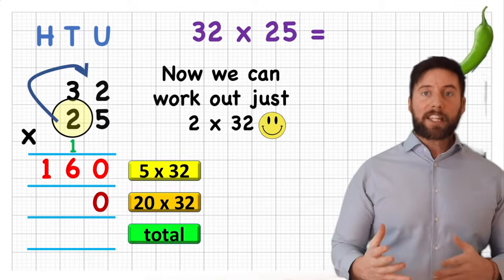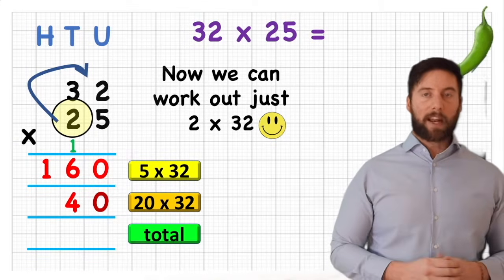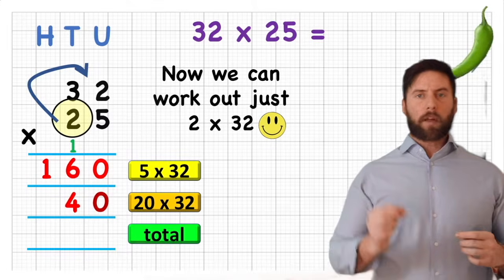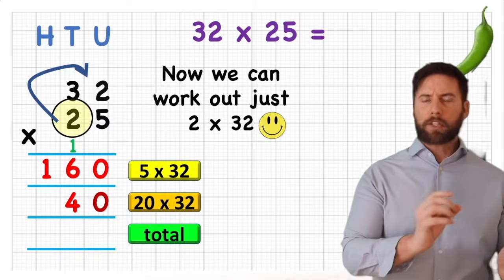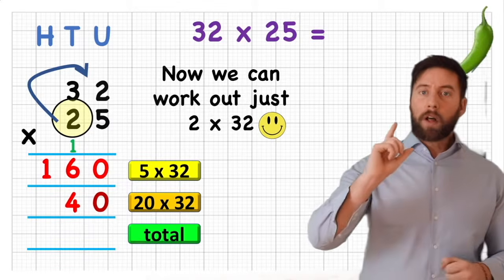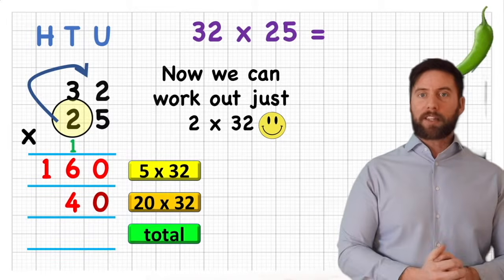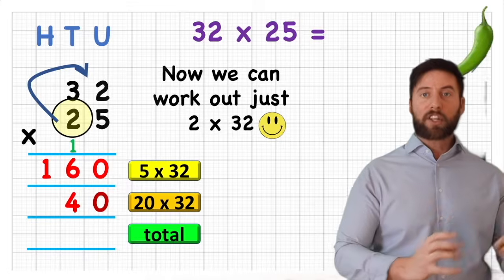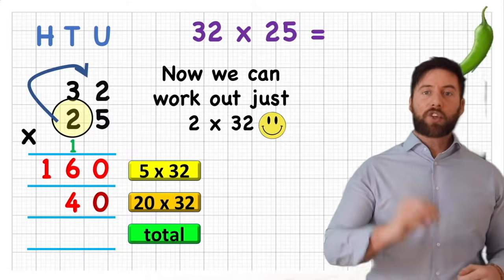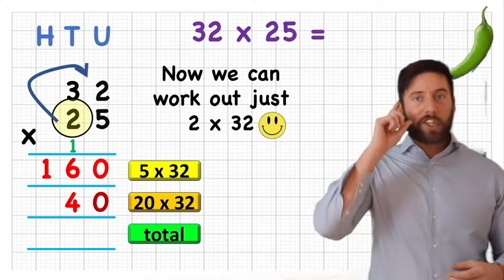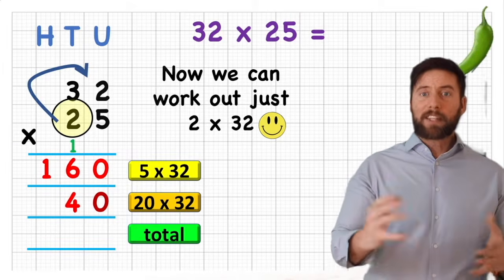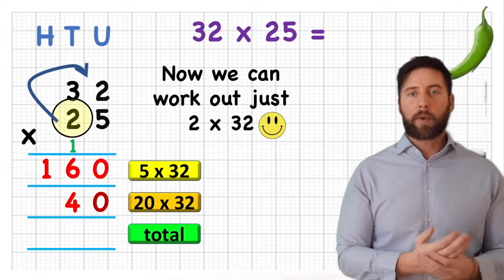Put my 4 in the next available column, which is my tens column. And again, this is where some people might make mistakes because they think, well, I've just put my 0 in my units column, but I always meant to put my answer in my units column. Well, that 0 is holding the place of the units, okay, because we're 10 times larger. So our next space is tens. 2 times 2 is 4. And we can check that because 2 times 20 is 40. And that's what it said. Cool, we know we're doing something right.